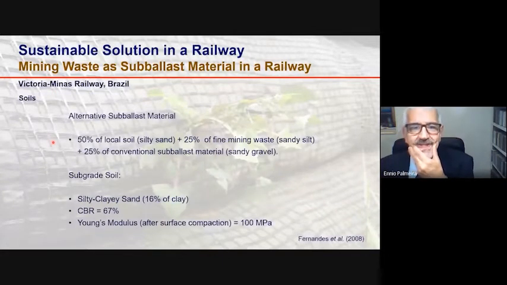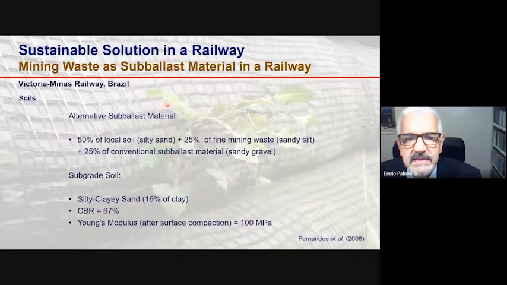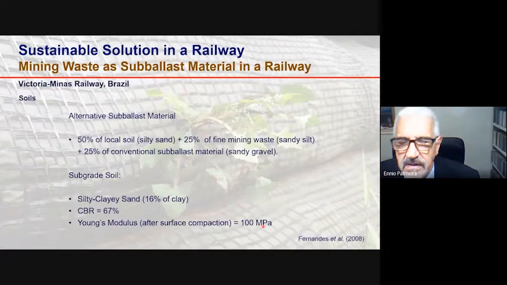This slide shows the description of the materials. The alternative subballast material consisted of a mixture of 50% of a local soil, a silty sand, plus 25% of a fine mining waste, a sandy silt, plus 25% of the conventional subballast material that has been commonly used. The subgrade soil consisted of a silty clay sand with 16% of clay, with a CBR of 6-7%, and a Young modulus of the surface compaction of 100 megapascal.